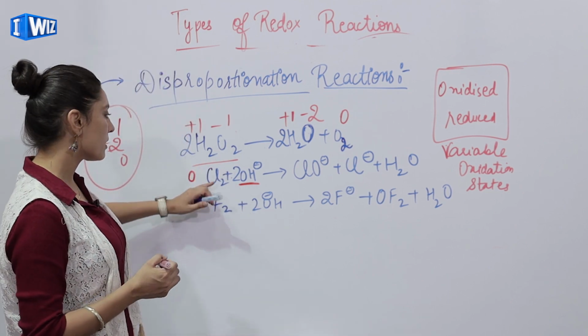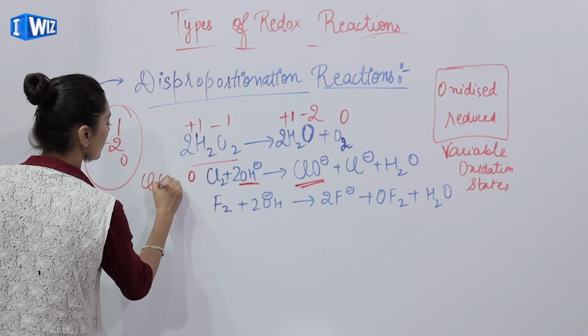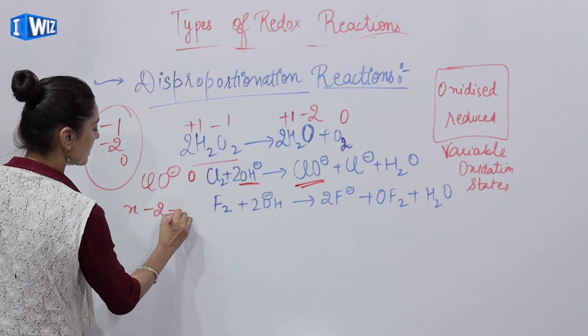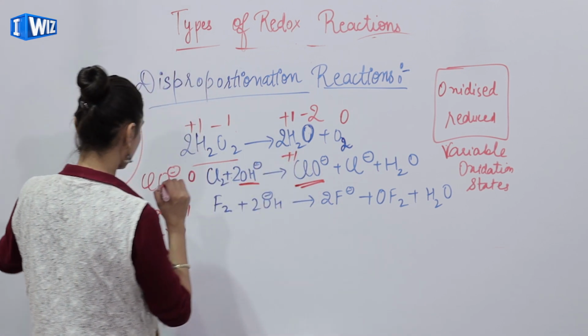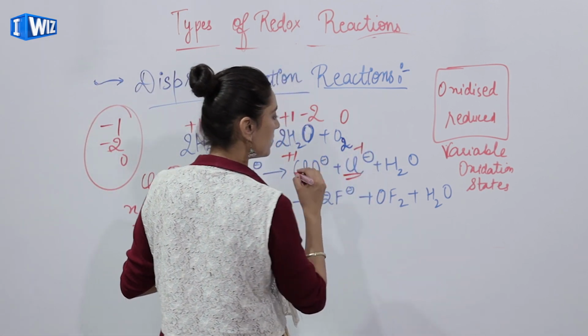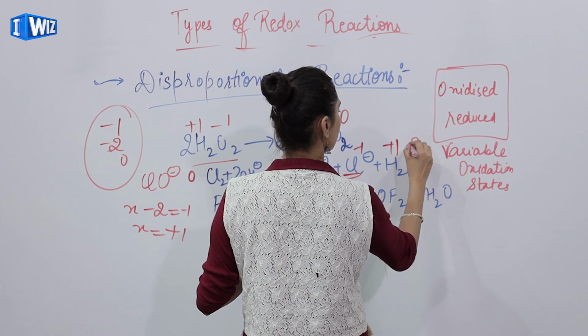Basically, we are concerned with the chlorine over here. In the ClO negative ion, taking chlorine as X and oxygen as -2, with the overall -1, chlorine is present in the +1 state. Clear? Moving ahead, the -1 state is here.